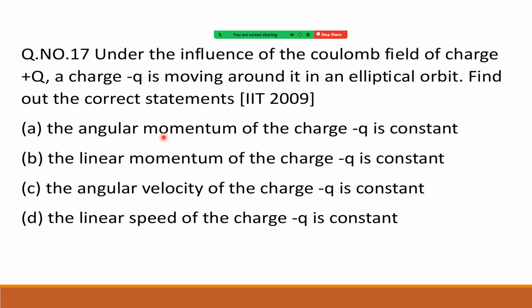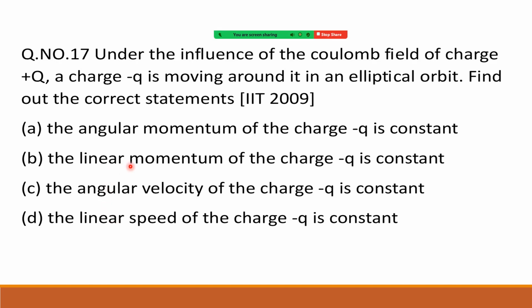See how to solve this one. First one, angular momentum. This is possible when net torque on minus q is 0. Coming to linear momentum, it would be constant if net force is 0, but plus q is always exerting a force on minus q. That means on minus q net force is not 0. Therefore, option B is not correct.